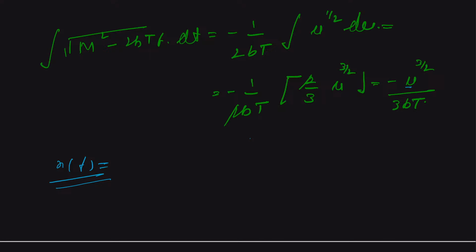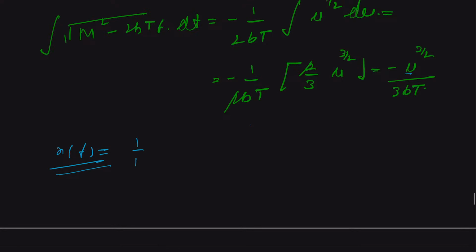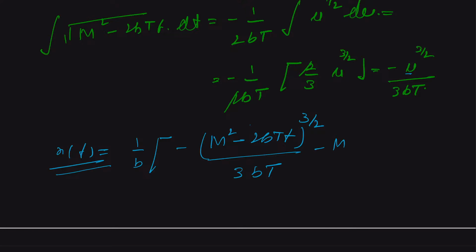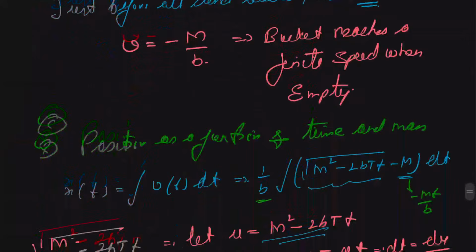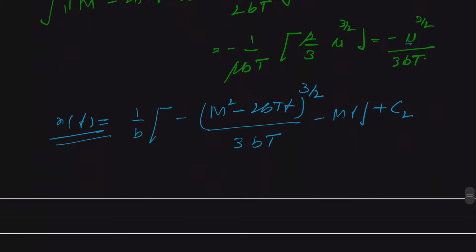So we get from here 1 upon b times minus m² minus 2bt to the power 3 by 2 divided by 3bt, minus mt, plus, let us call this c2. We already used c1, that is called c2.